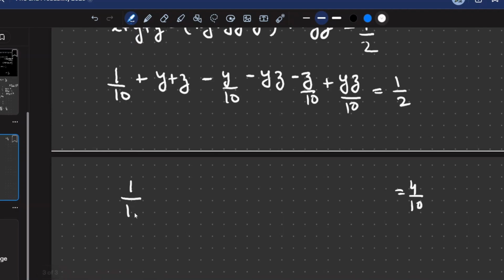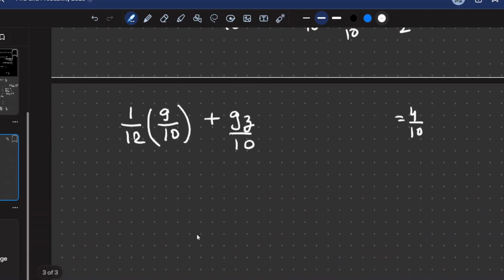So it is (Y minus YZ) times (1 minus 1 by 10), that is 9 by 10, plus 9Z by 10 is equal to this thing.